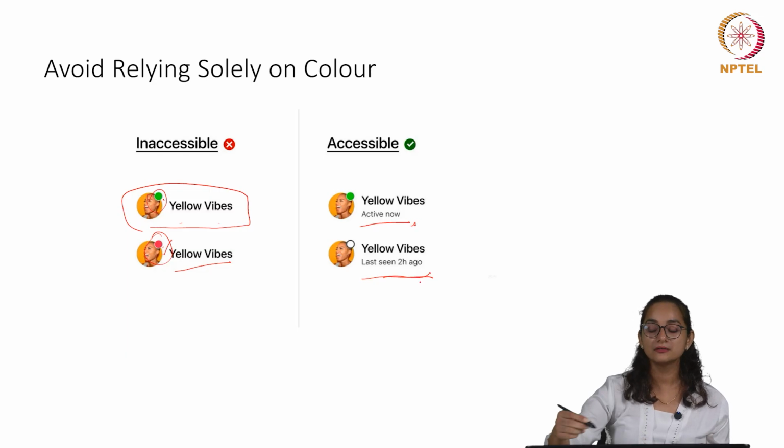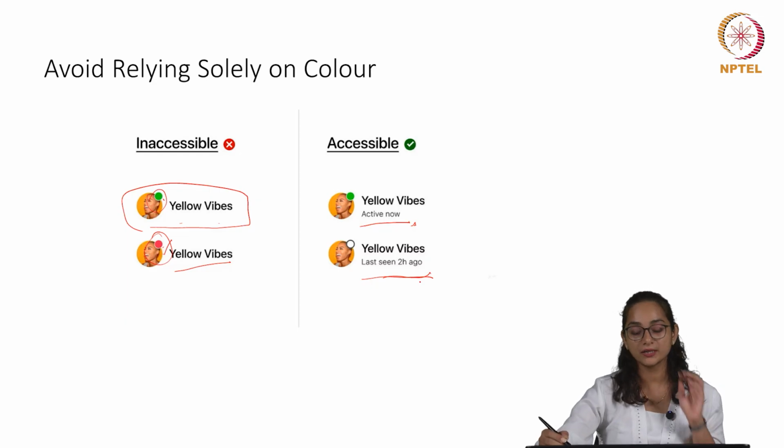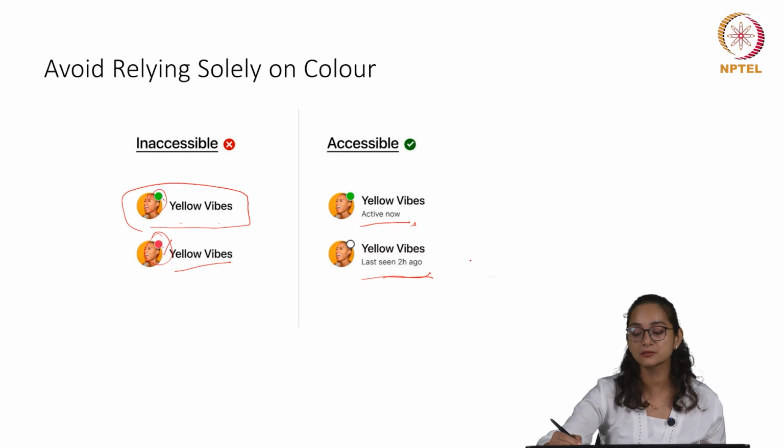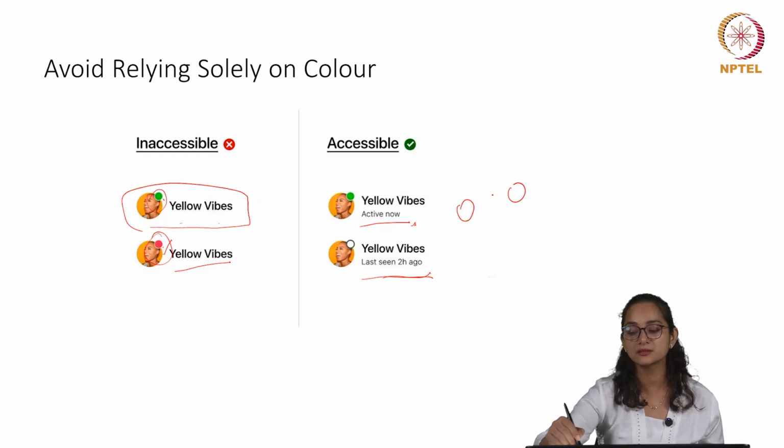Then recently, I am sure you might have seen the vegetarian, non-vegetarian indicator logo. Earlier it was a green circle and a red circle, but it was realized that because of the same shape it is inaccessible to people who are red-green color blind.